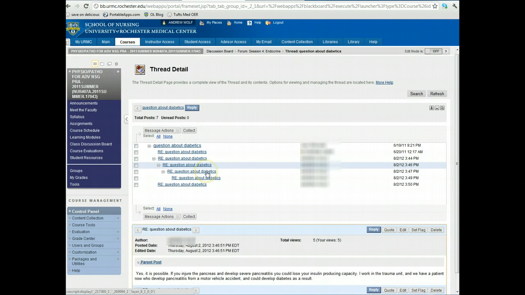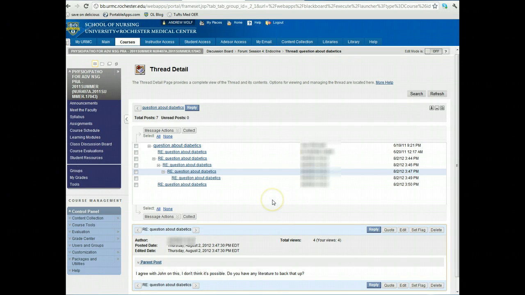And then that person received a response. So we're having a good back and forth here, a discussion that follows a single thread. It starts off with the initial topic with the question about diabetes, and then we're going down this side discussion about whether or not this is possible. Then this person responds to John here.